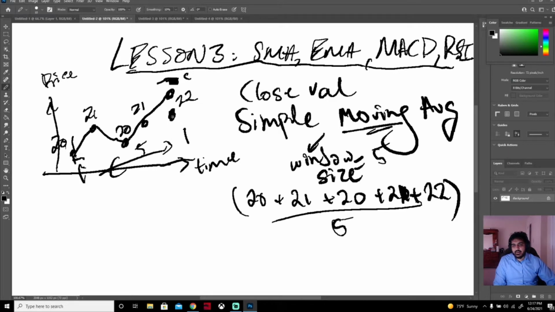And then likewise, say that this drops after this to about 21 again. And this was slightly above 21, because over half of the points were above 21. And then you have another 21 occur over here.